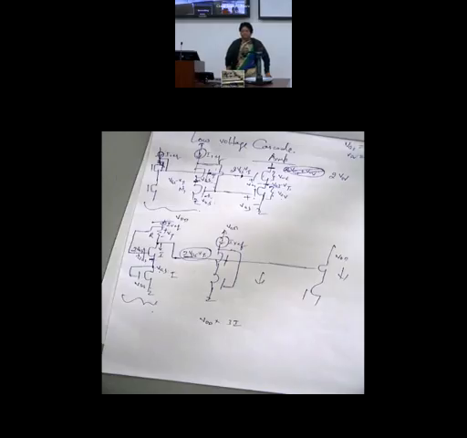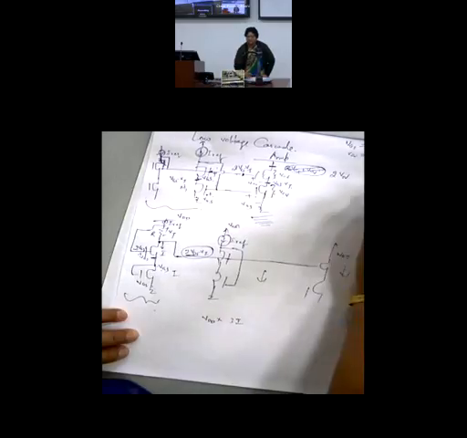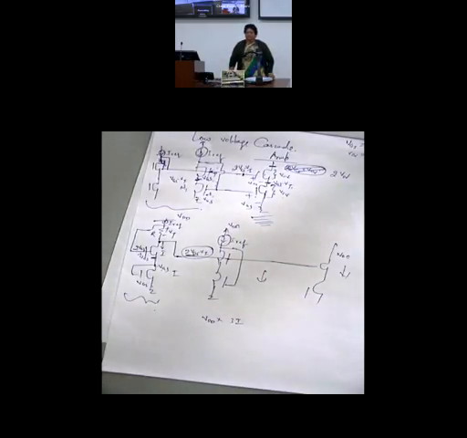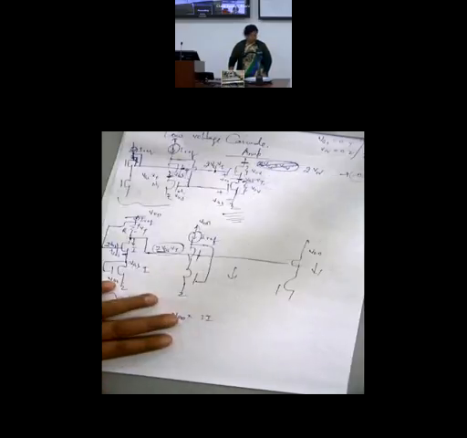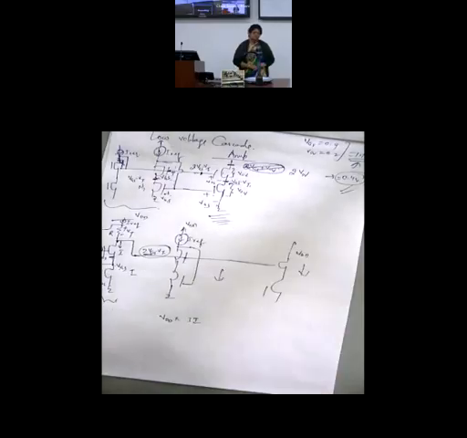So I am consuming more power. But I am reducing the voltage headroom requirement. Now I can generate a high RSS current mirror only by using 0.4 volts headroom.